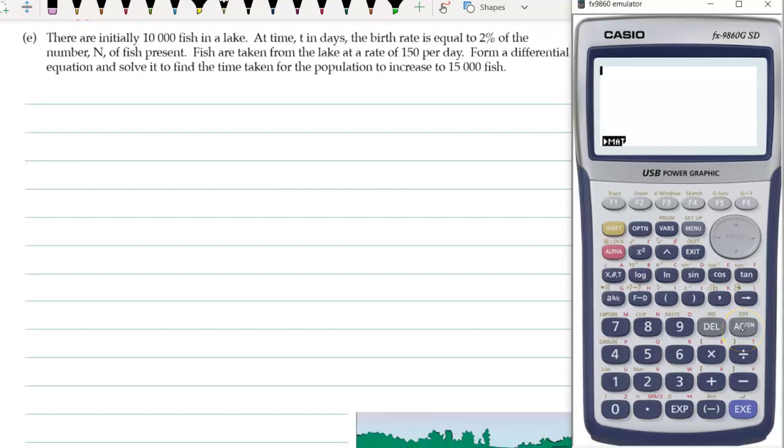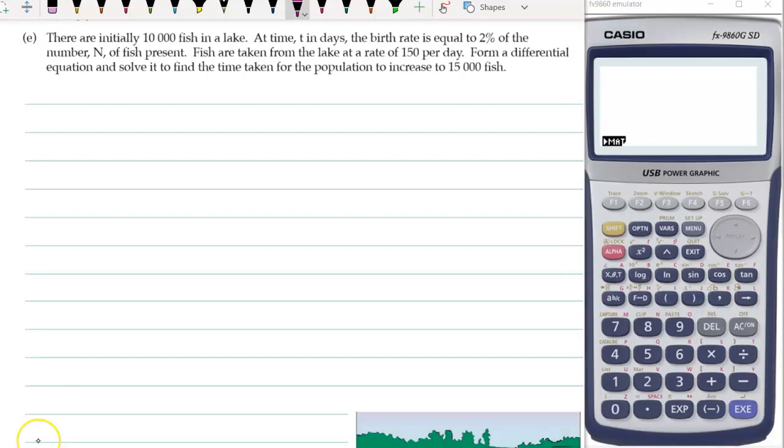Okay, let's do this. This looks like an application of differential equations, and it's population growth. So we're told that the birth rate is proportional to the number of fish present, and we have some information that it's 2% of the number of fish present, but also fish are taken from the lake at a rate of 150 per day.